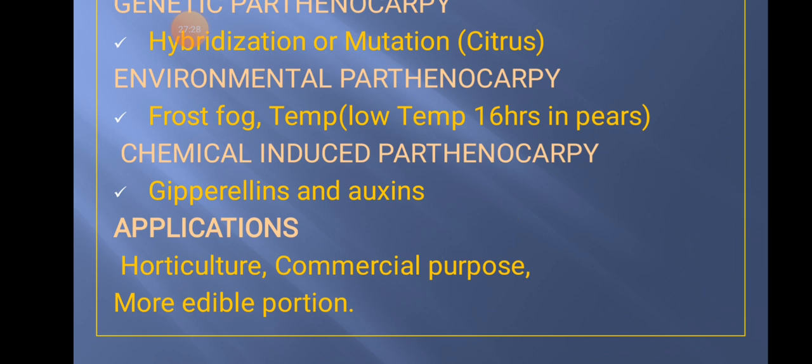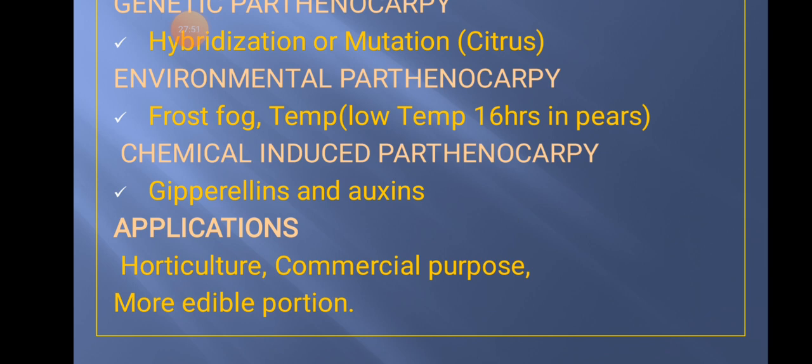Then applications in horticulture: we can get more products for commercial purposes. In trade, if we sell seedless fruits, we can sell more of our products, with more edible portion.